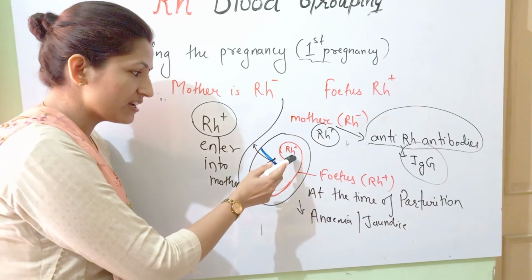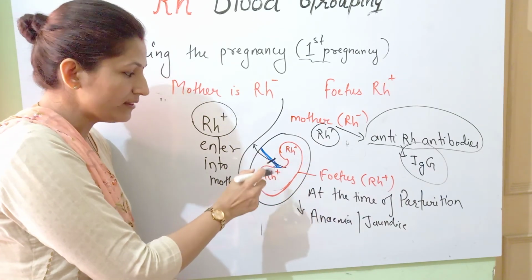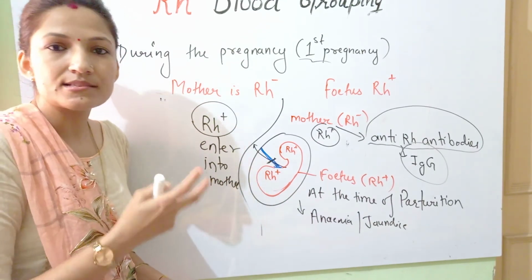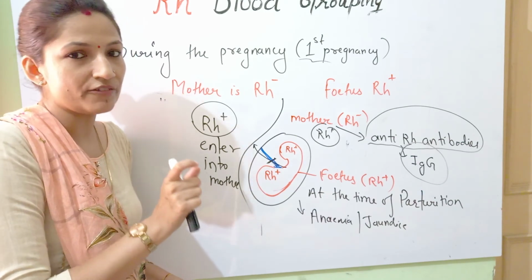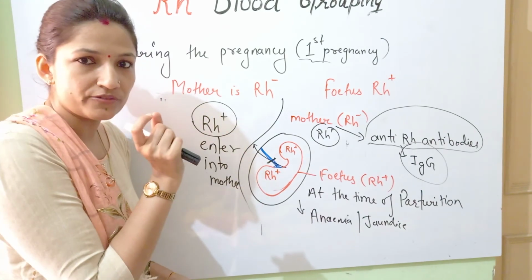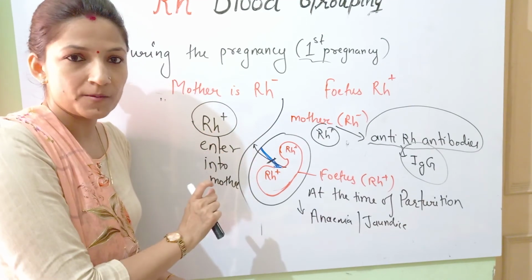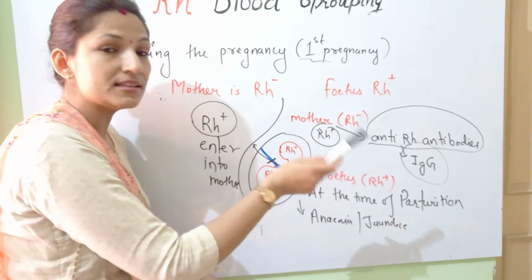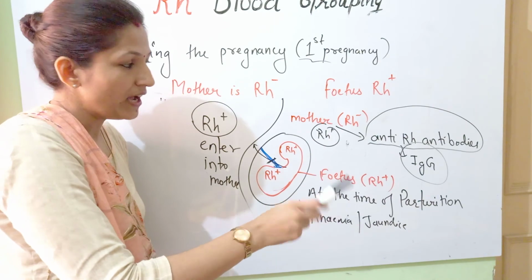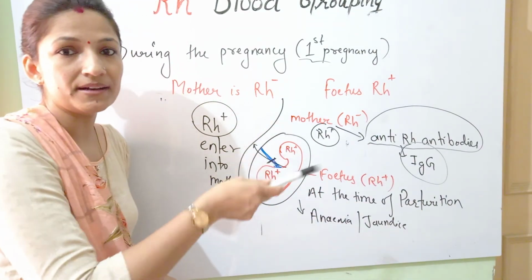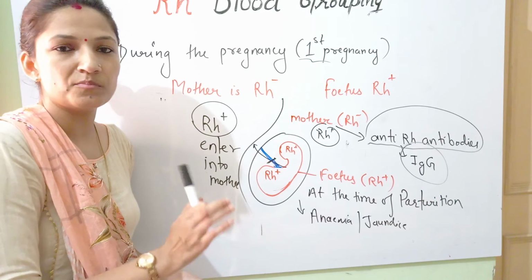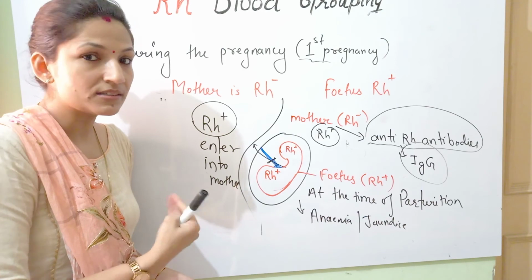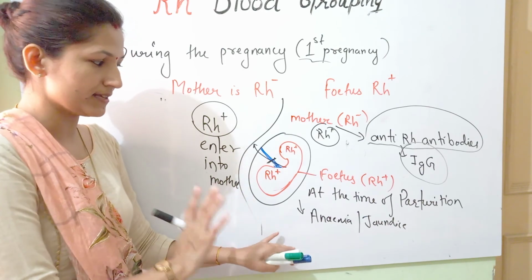So when the blood mixes during the parturition, when the umbilical cord is cut, the mother's body starts generating the anti-Rh antibodies, the immunoglobulin gamma types, which can easily cross the placental barrier and enter into the fetus's body and start destroying the cells, but this will be very little.